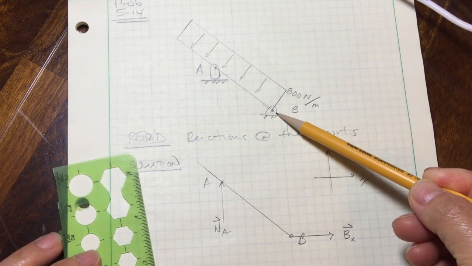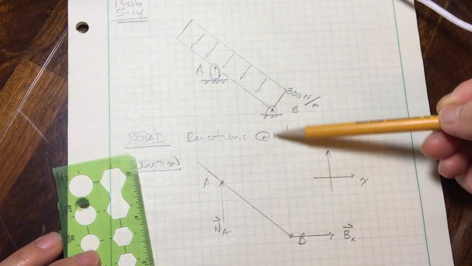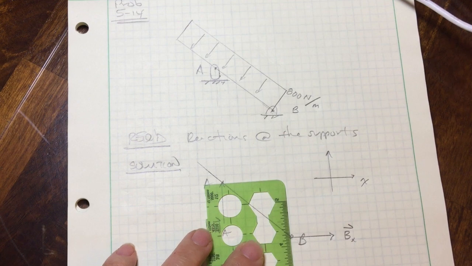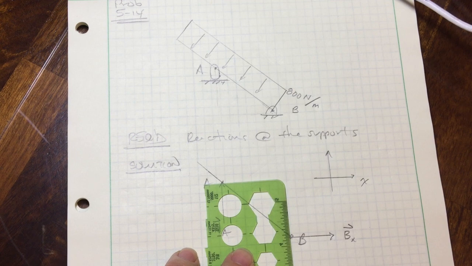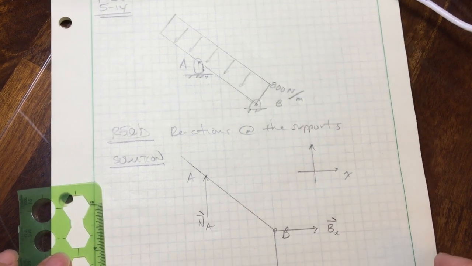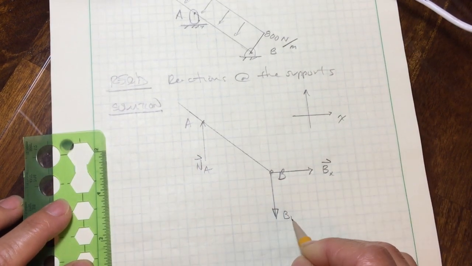This also prevents the beam from translating in the Y. Therefore, I would have a reaction force in the Y direction. This would be BY.